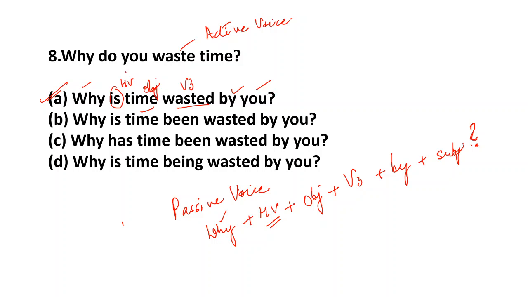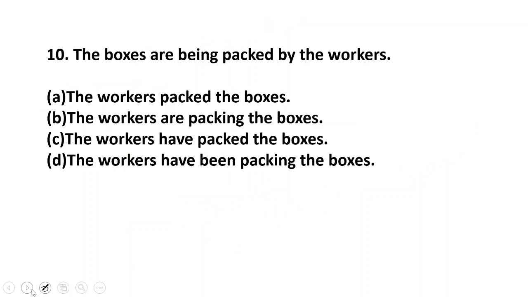Very simple. If the sentence starts with why, then in the passive voice also the sentence will start with why, or when, where. So you have come to know another rule, and you can use it very easily.